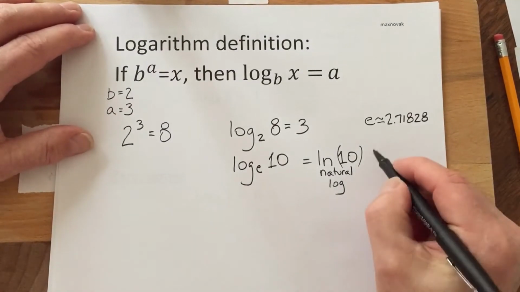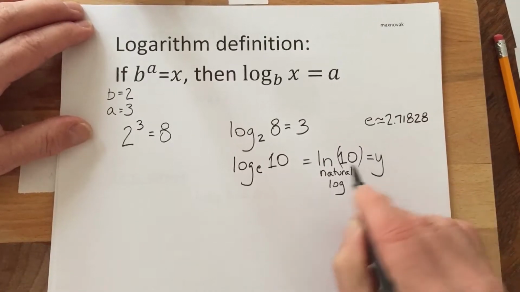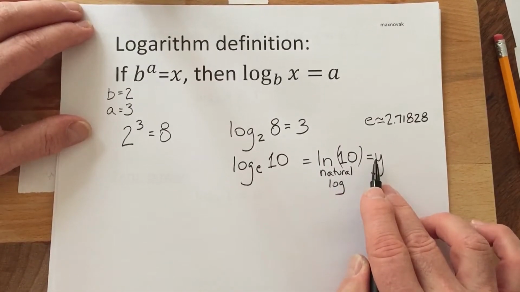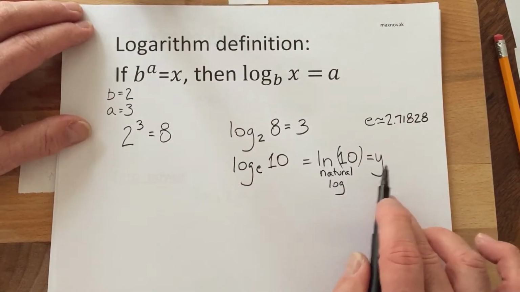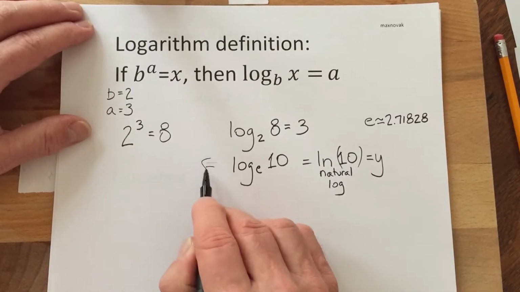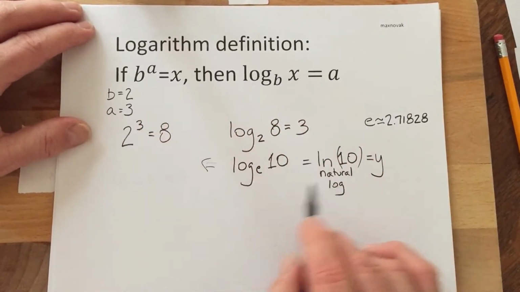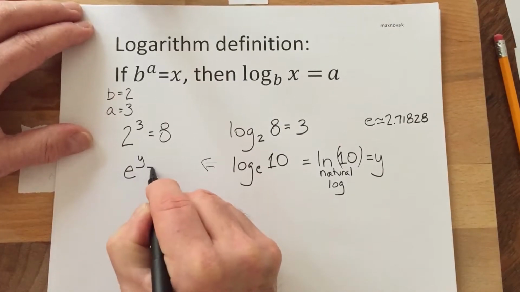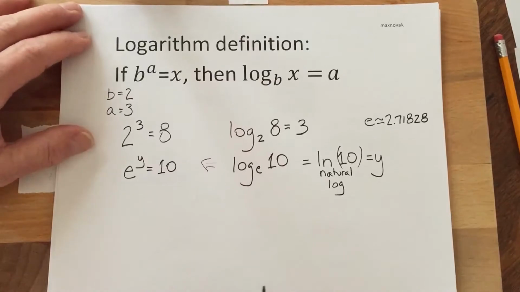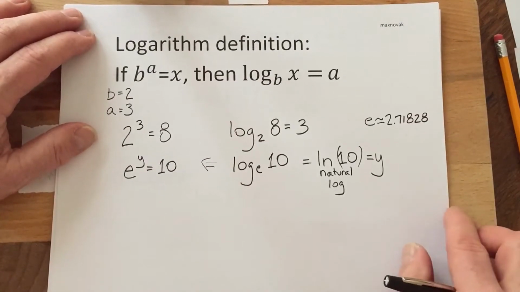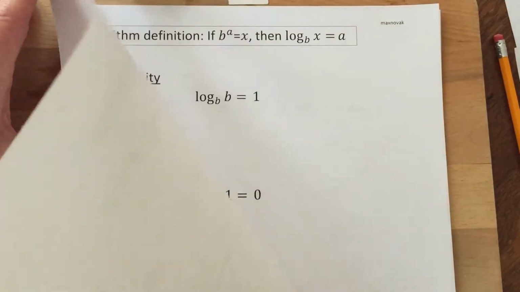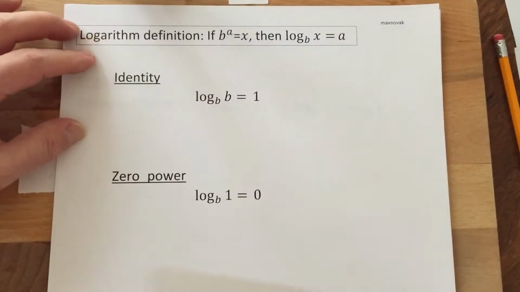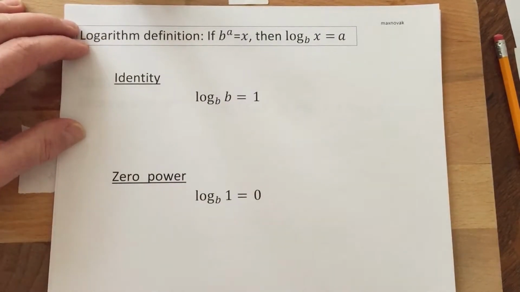So if the natural log of 10 equals y, it also implies, going back in this rule, that e to the y equals 10. So now that we have that definition, we're going to leave the definition at the top of the page just so you have that available to you.